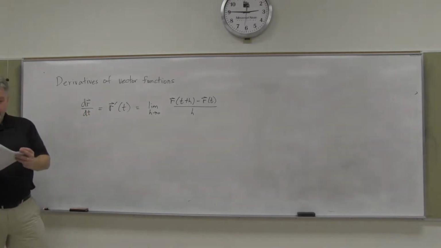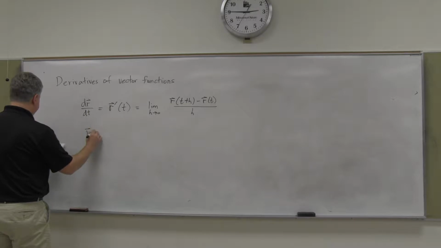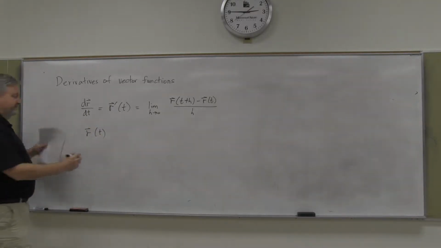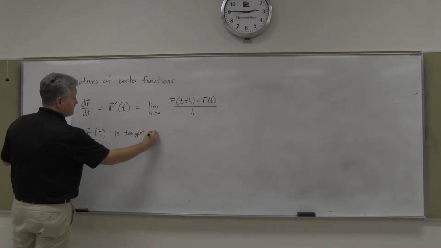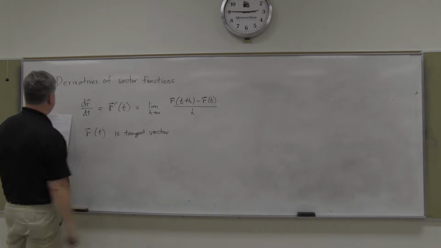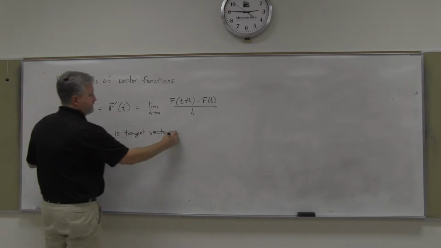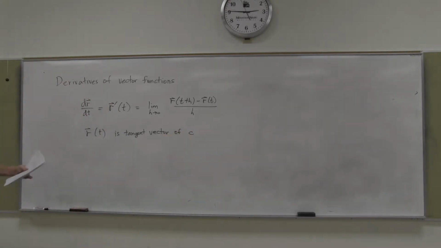Well, good news: r prime of t is going to be the tangent vector to the curve that's defined by the r vector function.